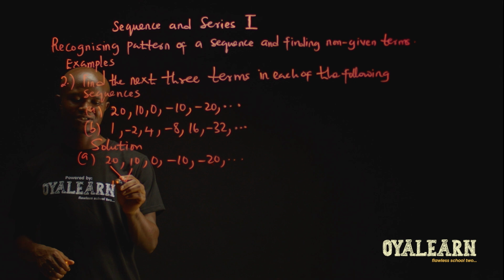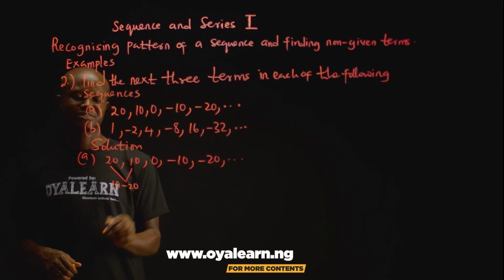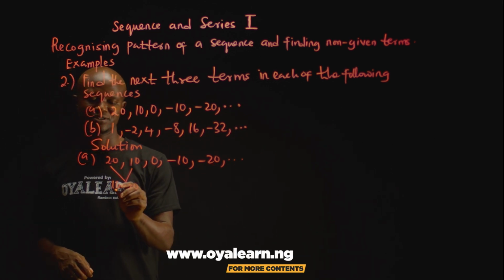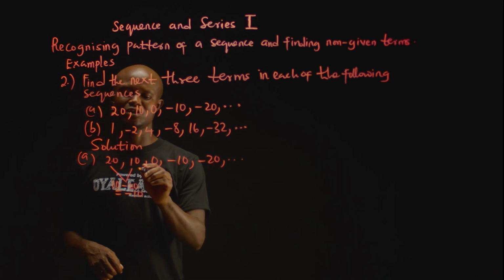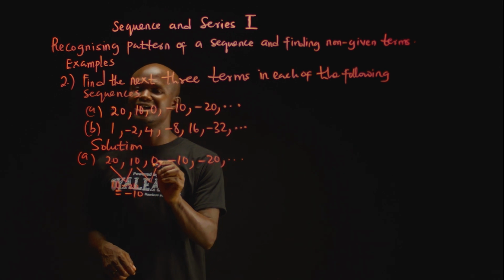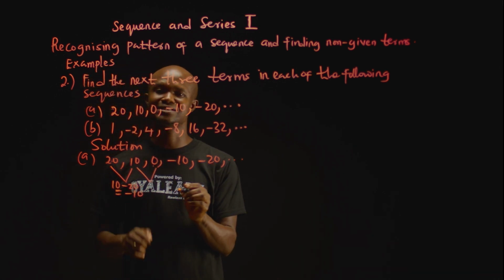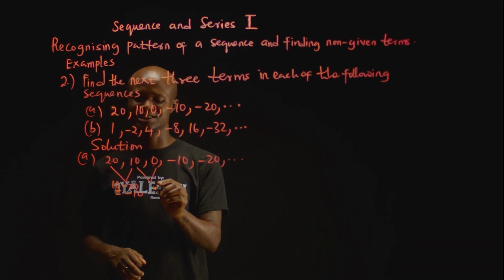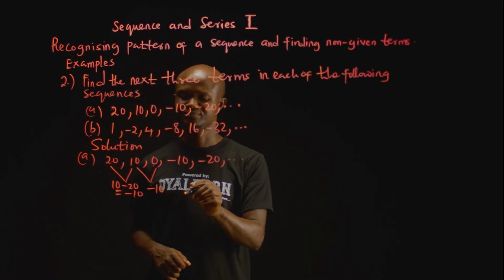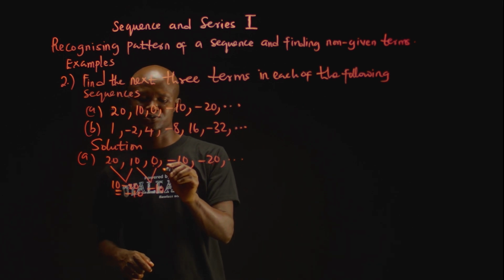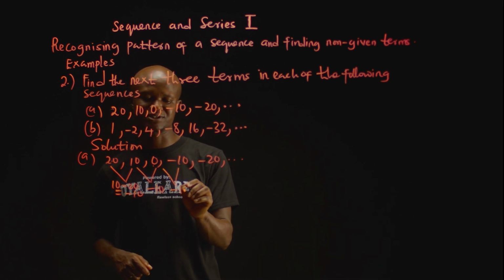So we have here 10 minus 20, and that's minus 10. Also, if you look at the next one, 0 minus 10, that is the third term minus second term. That's also minus 10. Also, we have here minus 10 minus 0, which also gives us minus 10.